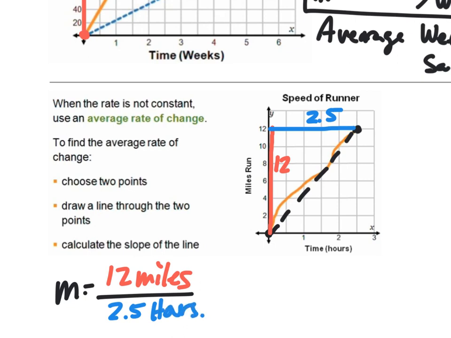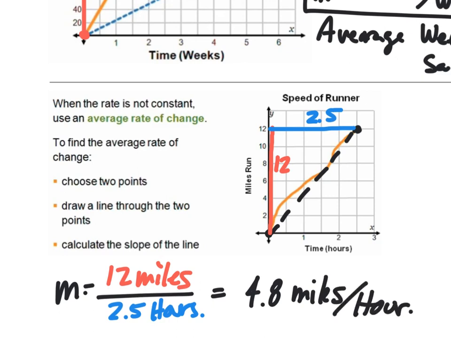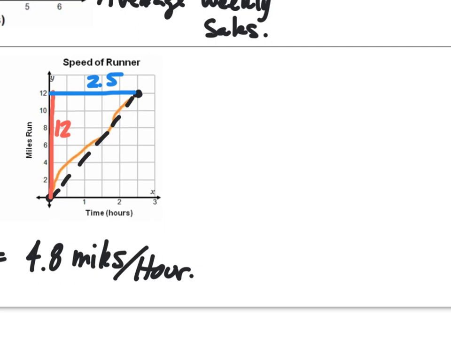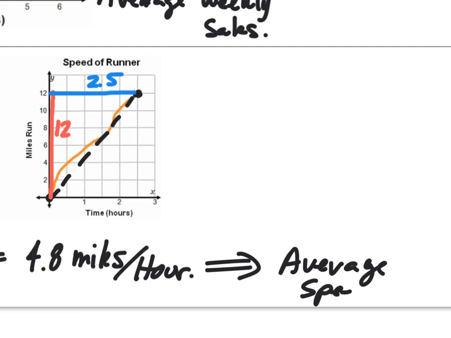And if we take 12 and divide it by 2.5, that's going to give us that the runner was traveling 4.8 miles per hour. Now, this is an average speed. This is not how fast they were traveling. This is an average speed. Okay? And that's the idea.